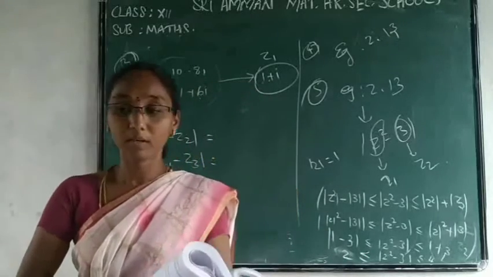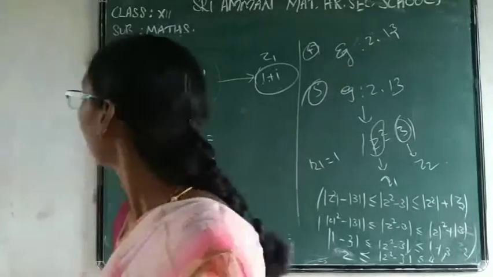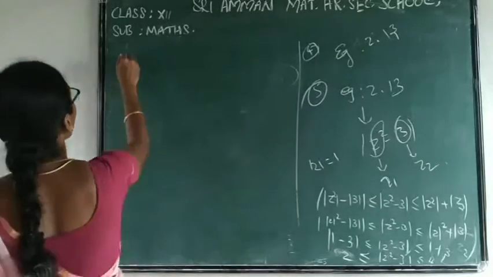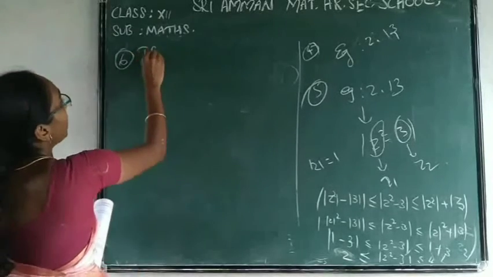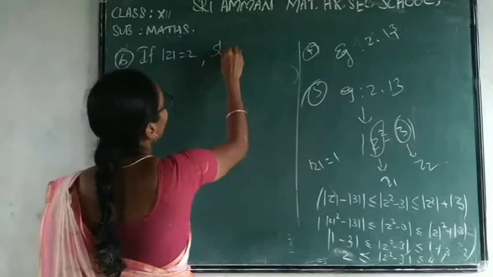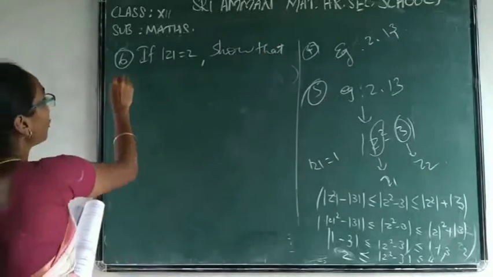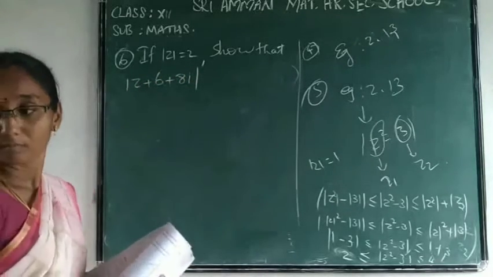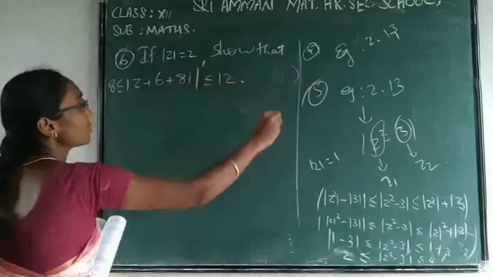Sixth question I give, in your old book. Sixth one: if modulus of z equal to 2, show that modulus of z plus 6 plus 8i is less than or equal to a value, this one is true.